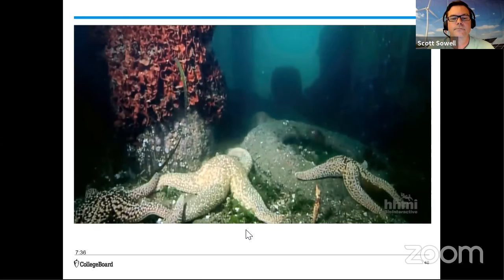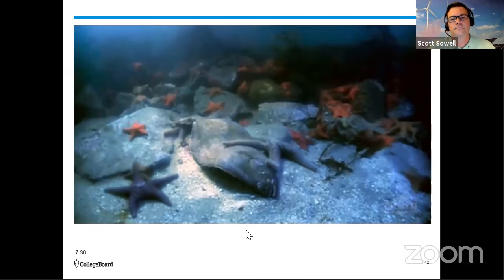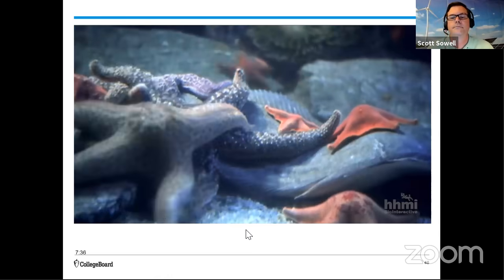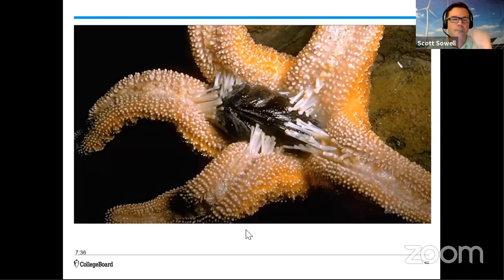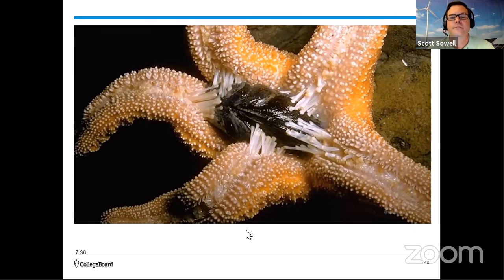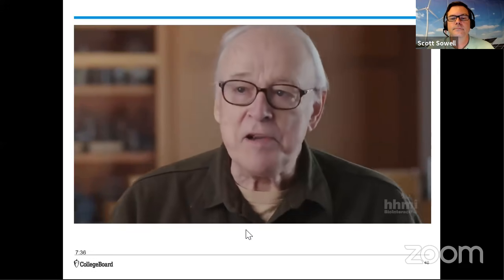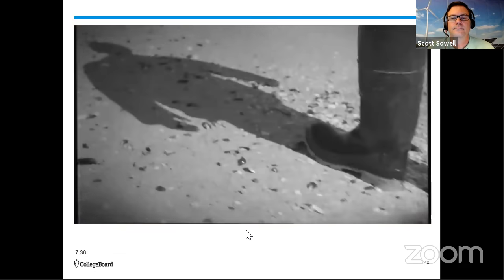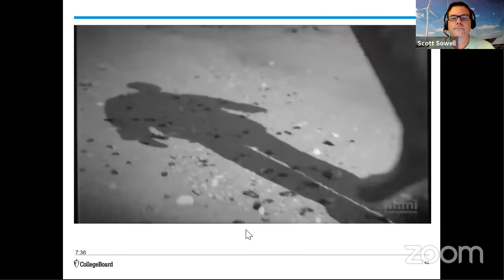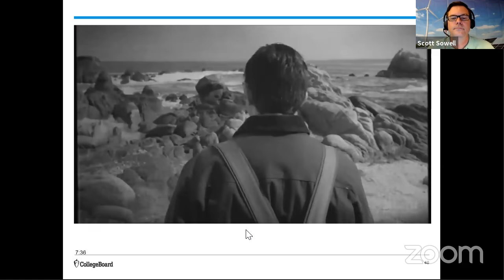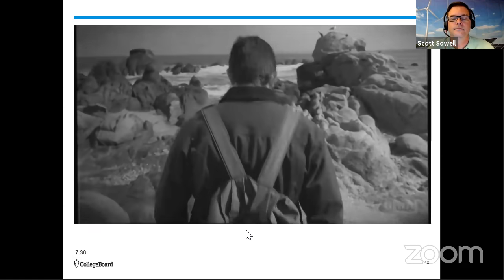Starfish may seem like unlikely predators, but speed time up a bit and you'll see deadly hunters. If a starfish is feeding, you turn over and you see what the starfish is eating. They're eating mussels. They're eating a lot of other things as well, but they're eating mussels. So Paine asked, what happens when you remove the predator starfish from a single outcrop?